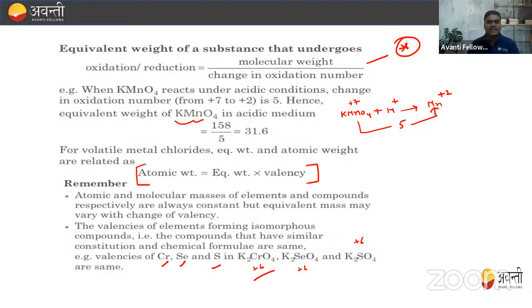So they all are elements forming isomorphous compounds. Always remember what an isomorphous compound is: a compound that has similar constituents and the same chemical formula, right? For example, chromium, selenium and sulfur. Chalo.